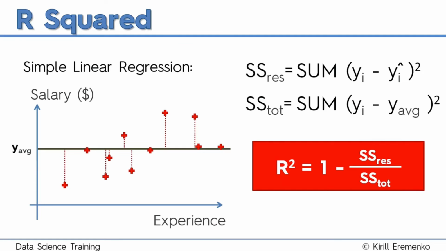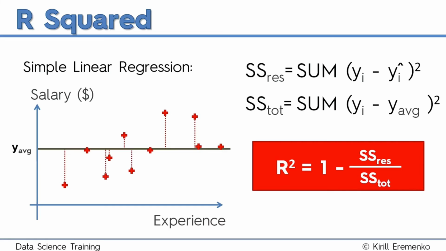On the right, as you minimize SS residual, that part of the formula always becomes smaller. That way SS residual divided by SS total becomes smaller, and 1 minus SS residual divided by SS total becomes greater.